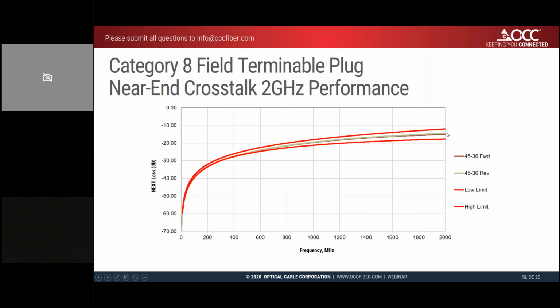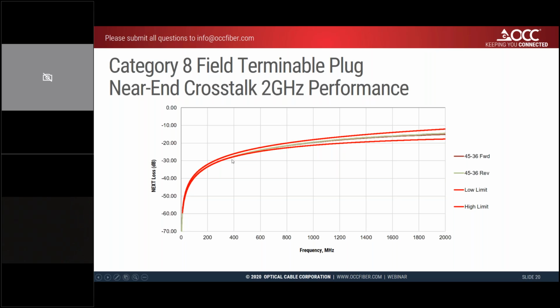I know they look like they're far apart way out here at 2000 megahertz, but if you look down here at 500 megahertz, your performance has to be right in this window. If it's worse than that, of course it's going to be bad, but also if the crosstalk is better than that, it's still not going to be good, okay?